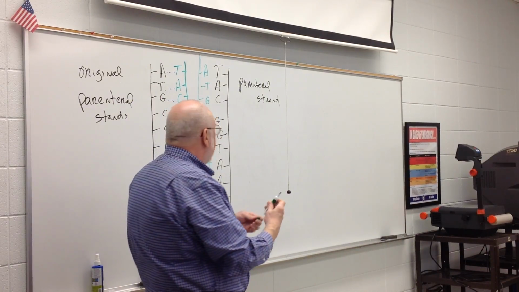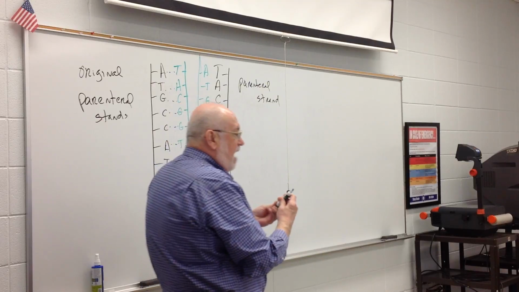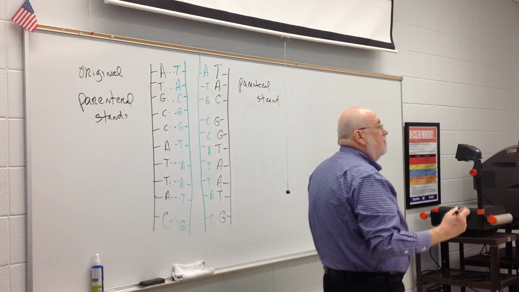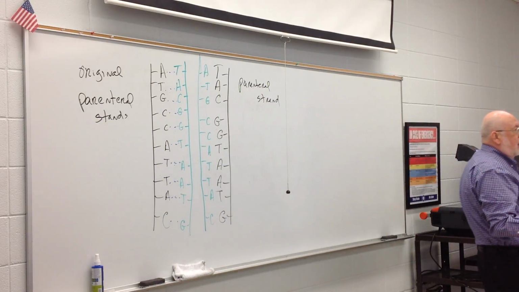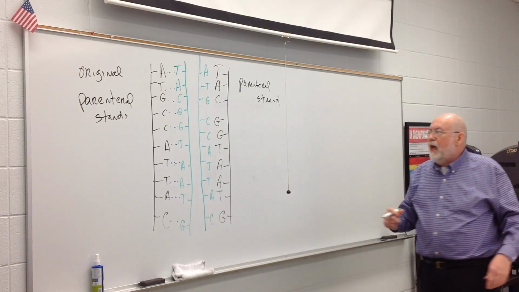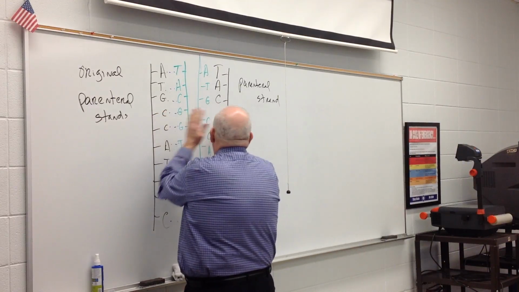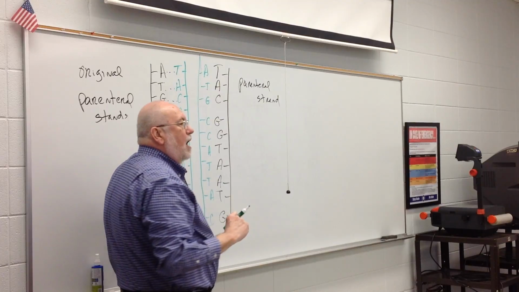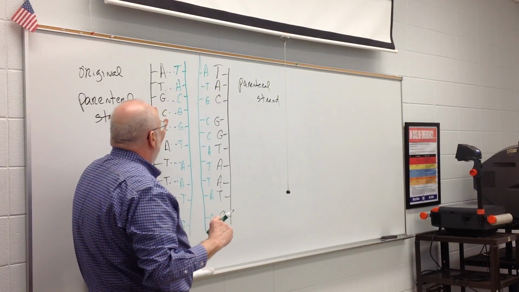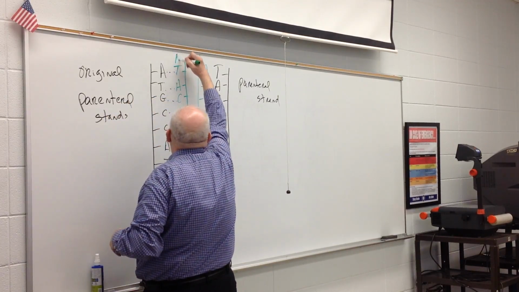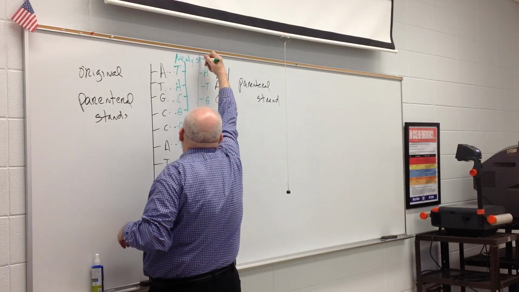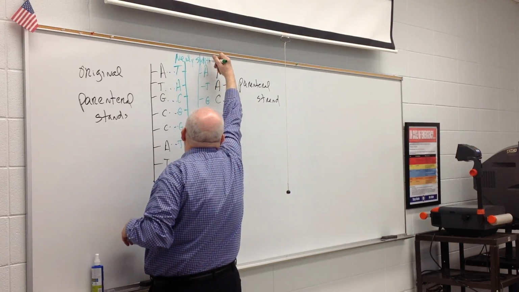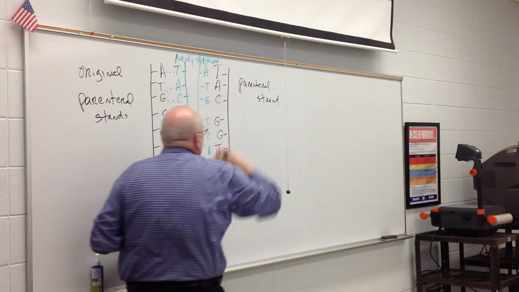All right, so what have I got? I now have two DNA molecules, two double-stranded DNA molecules. Here's one, here's the other. What is the one made out of? It's made out of a parental strand and a newly synthesized strand.